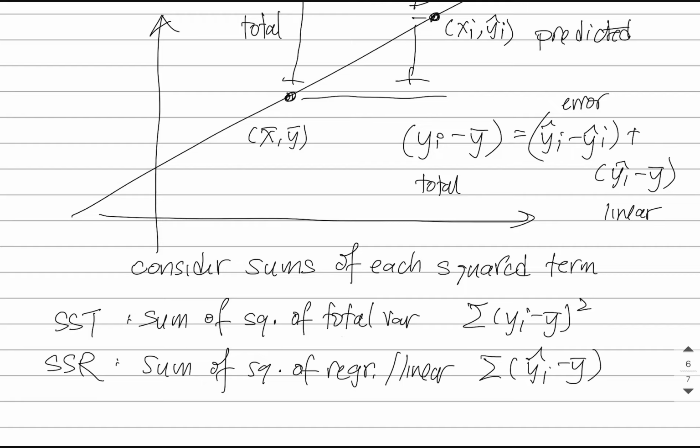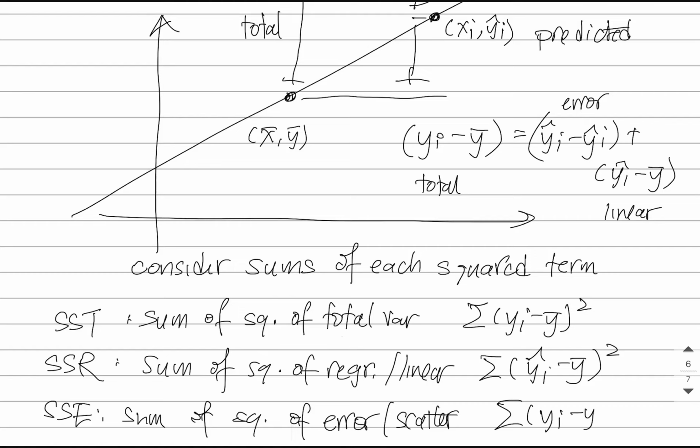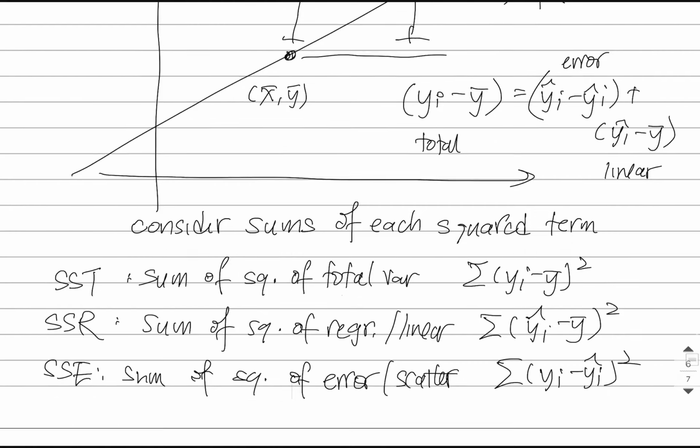Sorry, I keep making a mistake here. And SSE is the sum of the square of the error, or the scatter, and this would be the sum of all of these yi minus yi hat, all squared.